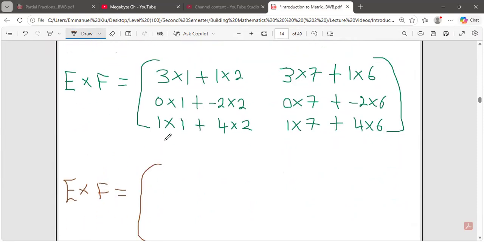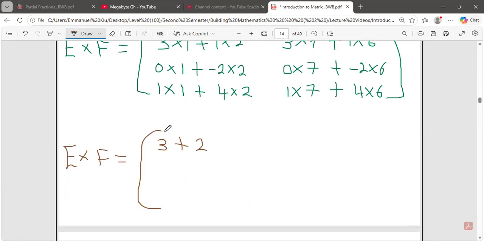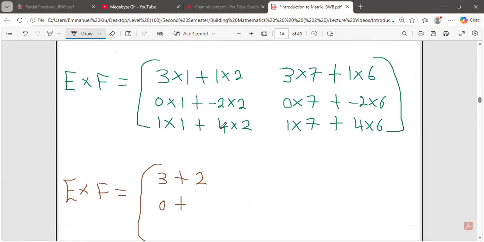So finally, you realize that 3 times 1 is going to give us 3. Okay, yes. Plus 2 times 1 will give you 2. Okay, 0 times 1 is going to give you what? Any number times 0 is still what? 0, right? Exactly. So 0 times 1 is just going to give us 0, plus negative 2 times 2 is just going to give us 4.